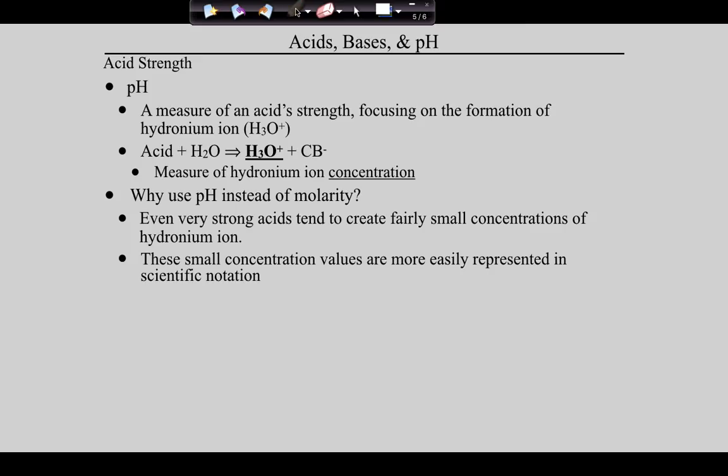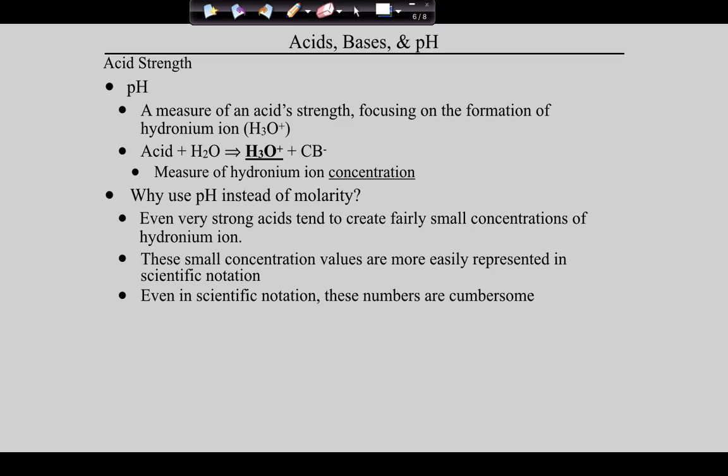So guys, imagine that we have an acid that has a molarity of 0.001 molar. You get that on you and you're going to be unhappy. But that number, 0.001, is a pain in the butt to write, so it would actually be easier to just write this as 1 times 10 to the negative 3rd. So guys, because these concentrations are so small, it's actually easier to write these numbers in scientific notation.